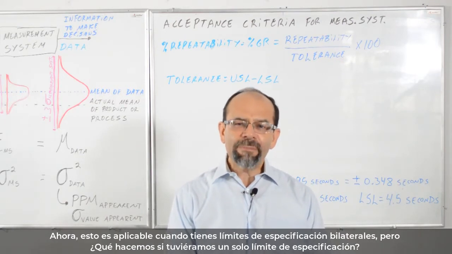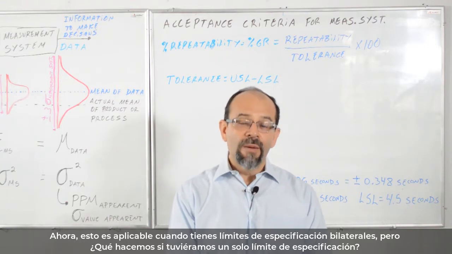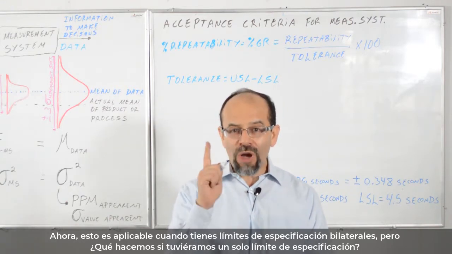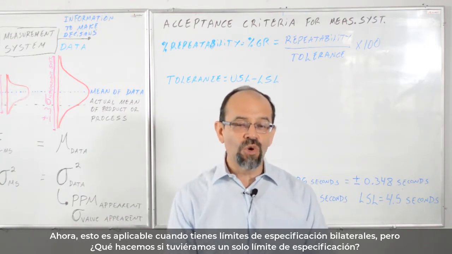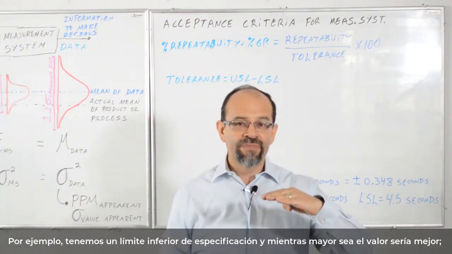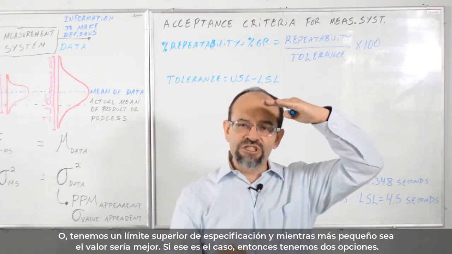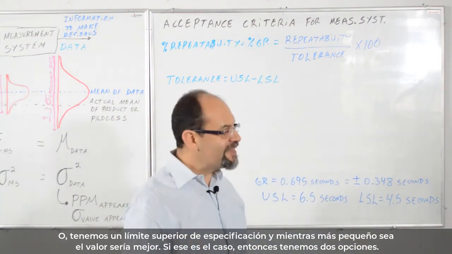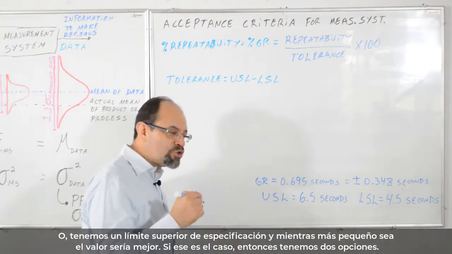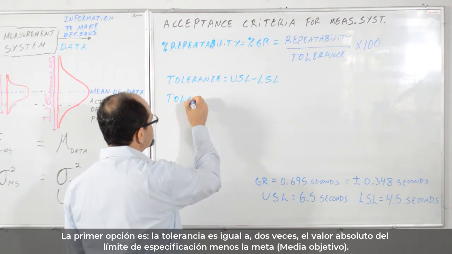Now, that is applicable when you are having two-sided specification limits. But what about if you are having a one-sided specification limit? You have a lower specification limit and greater is better. Or you are having an upper specification limit and smaller is better. If that is the case, then we are having two options for the tolerance.